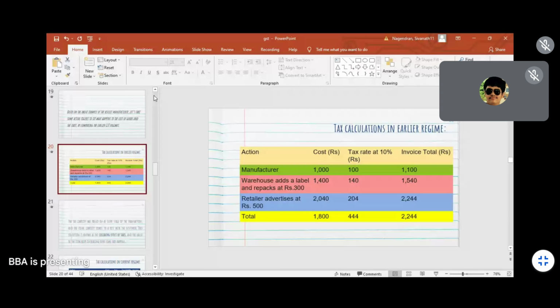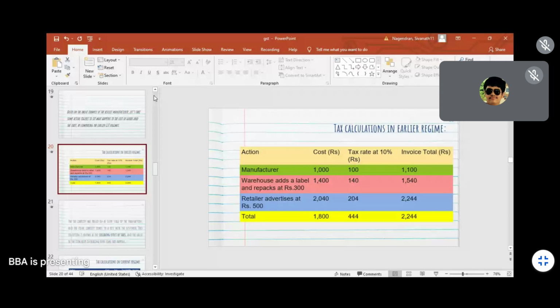Then it is moving to the warehouse. In the warehouse, for repacking and labeling, they are charging 300 rupees. So the 300 they are adding to the 1100. Already in the invoice the price is 1100, so the 300 is also added to the 1100. So now the cost of the product is 1400.